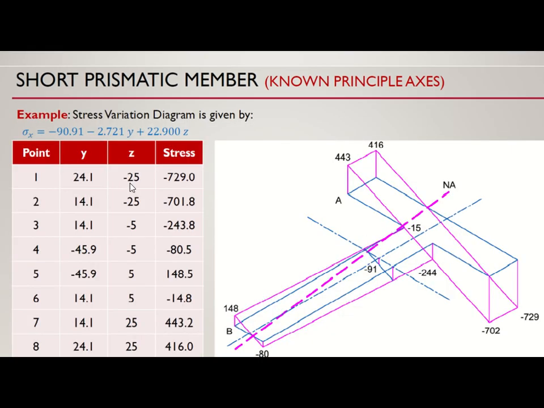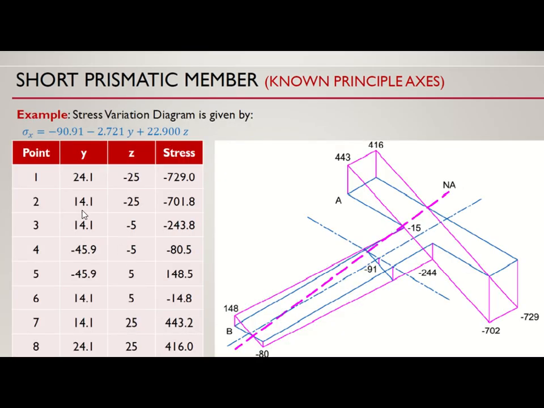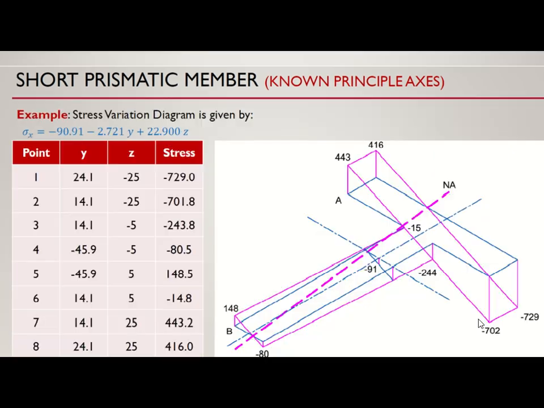So we take right as positive, and the same sign convention applies. 14.1, what is 14.1? 14.1 is basically 24.1 minus 10. It's the distance we used previously at this point. And 45.9 is basically this, a simple clear view.